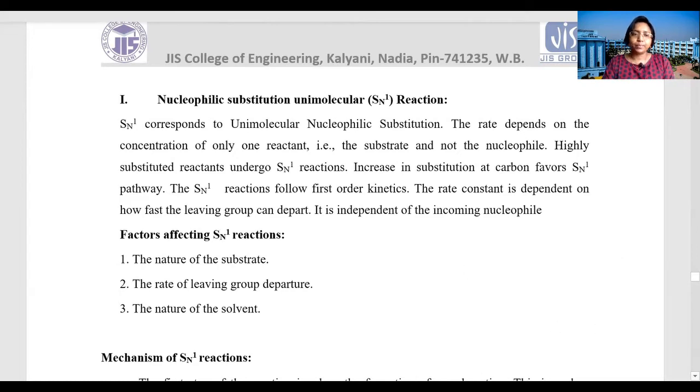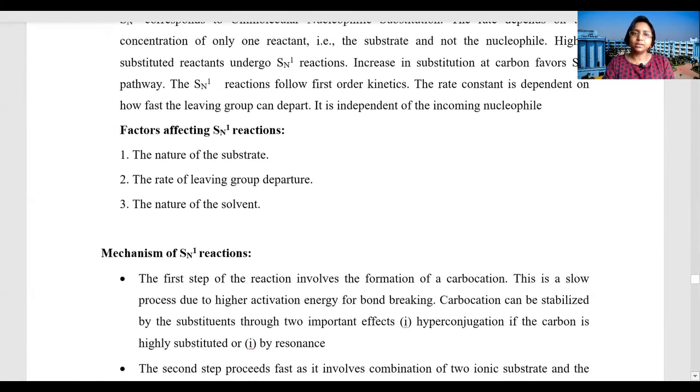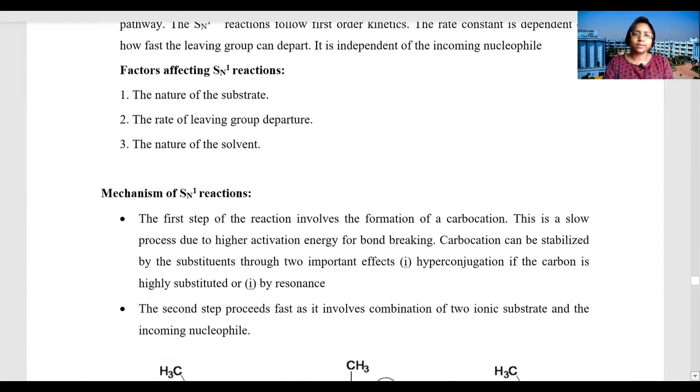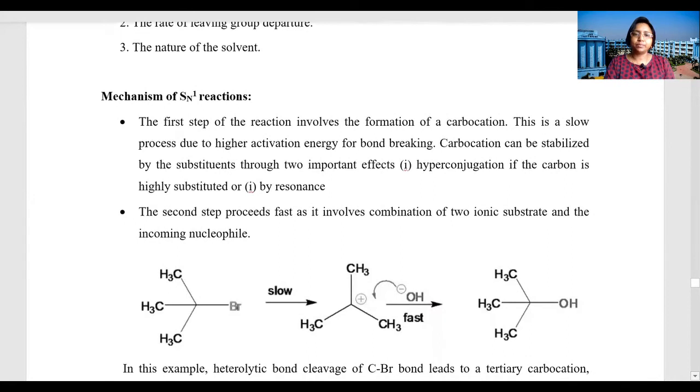Factors affecting the SN1 reaction: the nature of the substrate, the rate of leaving group departure, and the nature of the solvent. In the mechanism, it occurs in two steps. First, the slower step, and second, the faster step.